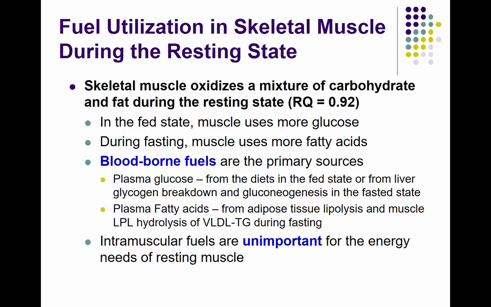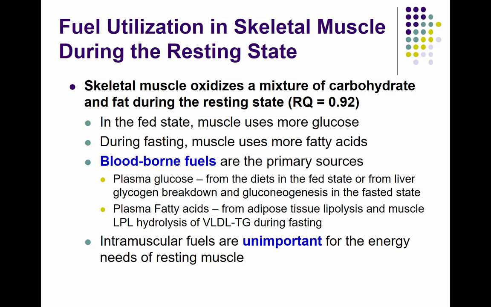And plasma fatty acids during the fasting, most of the fatty acids come from which tissue during the fasting? Adipose tissue, fat tissue, right? And also triglyceride can be released from the liver during the fasting condition, although initially the fatty acid in the triglycerides is from fat also.